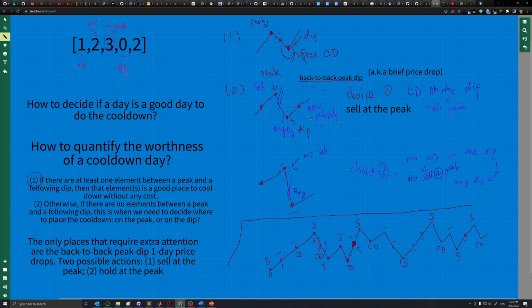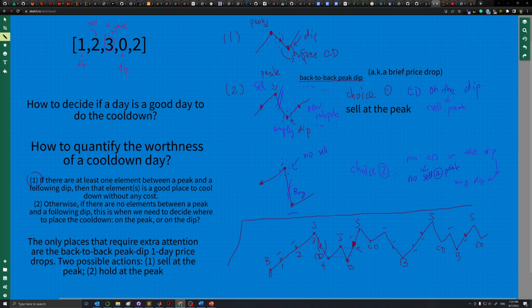And here, if we buy here, no CD on the dip, no sell at the peak, that means we're definitely buying the dip. All right, and if we're not selling at the peak, it doesn't mean holding on, it just means we're not selling. We could sell here, or maybe somewhere else.